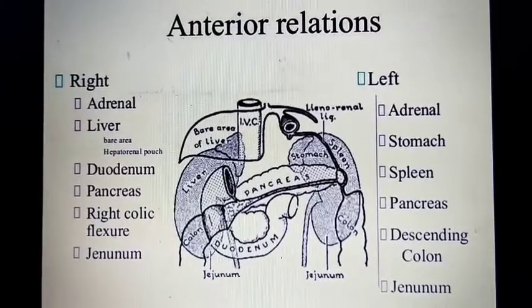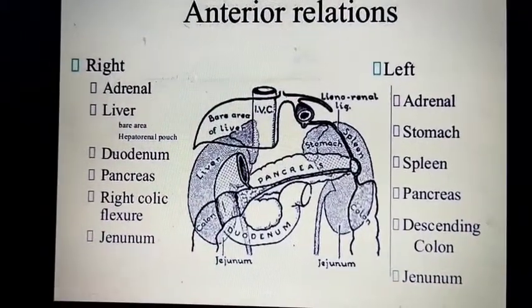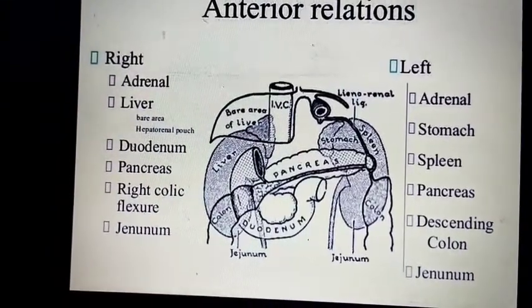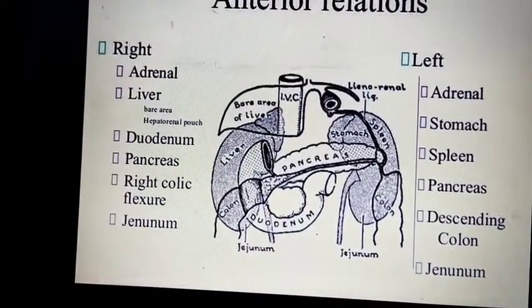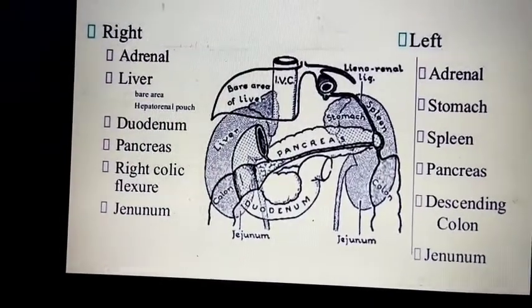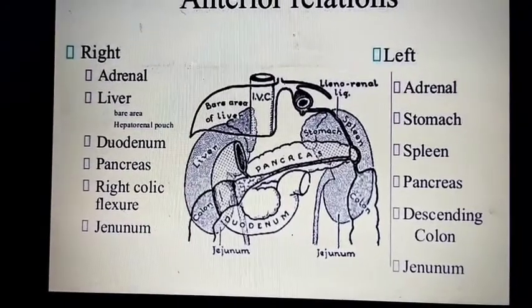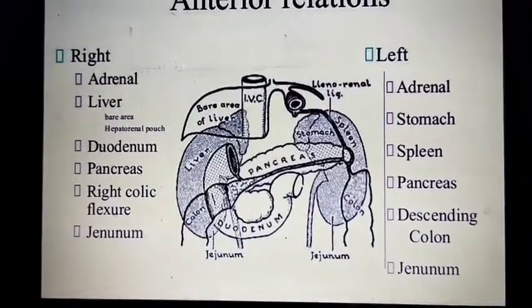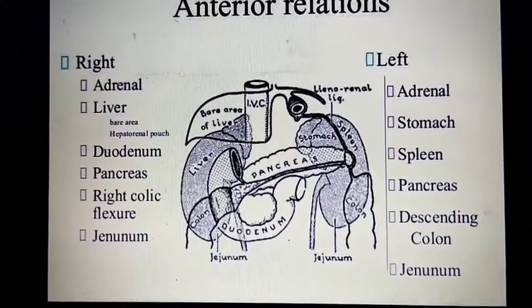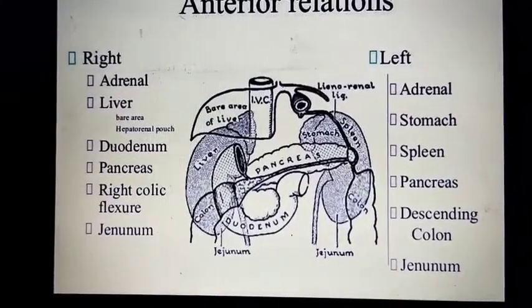Anteriorly on the right: superiorly the adrenal gland, then the liver, bare area and hepatorenal pouch, duodenum, pancreas, right colic flexure and jejunum. This is the anterior relation of the right kidney. Now for the left: adrenal, stomach, spleen, pancreas, descending colon and jejunum.